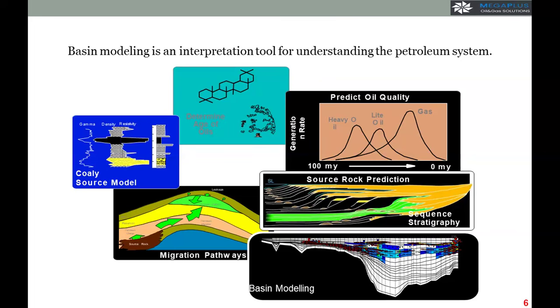Of course, after you build your model, you can predict whether you can produce oil or gas or two phases together, oil and gas. And if you can detect the oil and gas from the 1D model or the 3D model, you can also predict the expected API for your oil or the quality of your gas. Maybe it will be wet gas.